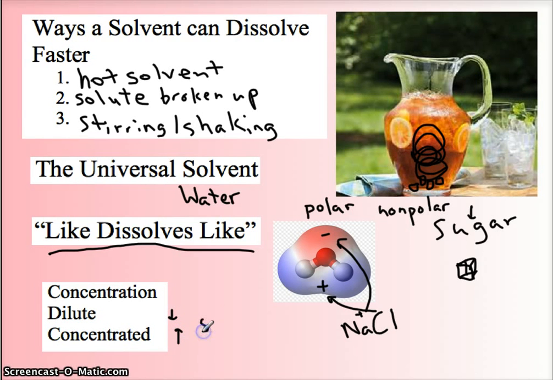Talking about solute here, the things that go into the solution, the solvent. Small amount it is dilute, large amount it is concentrated. I guess you can say that both of these are kind of underneath the term concentration.